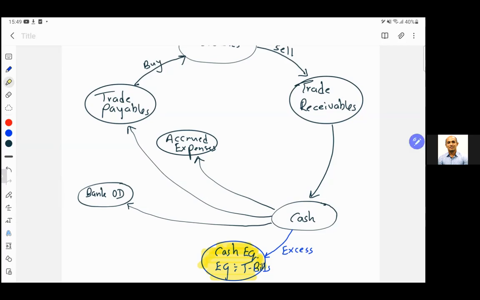In the cash analysis, you find out what the items of cash the company has. Is there any cash equivalent? If there is, you see whether such investments have been kept as securities for your borrowings.